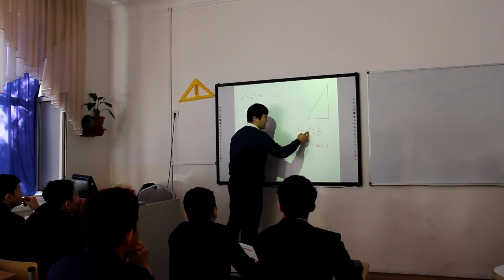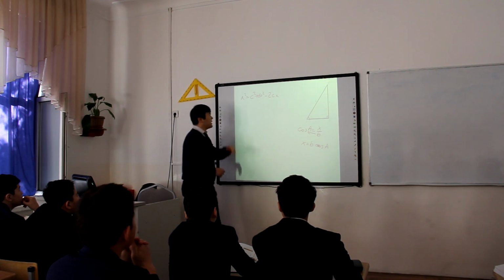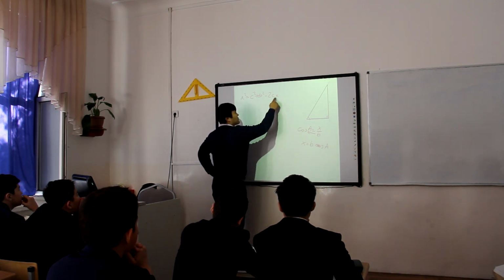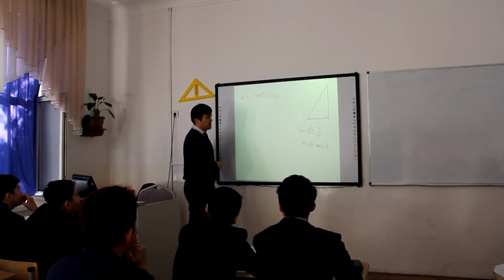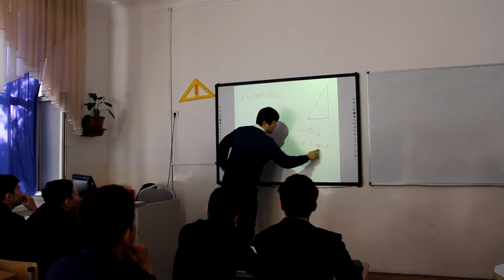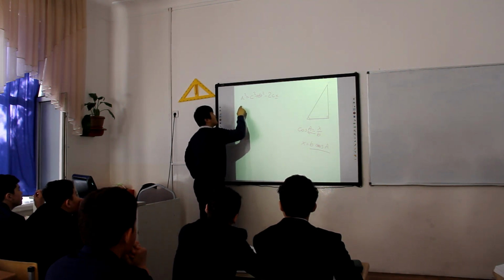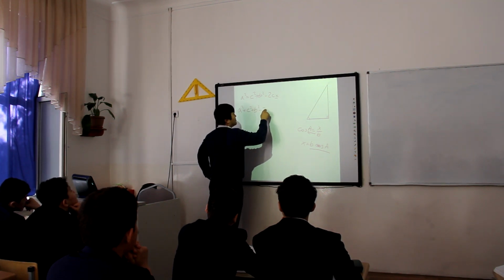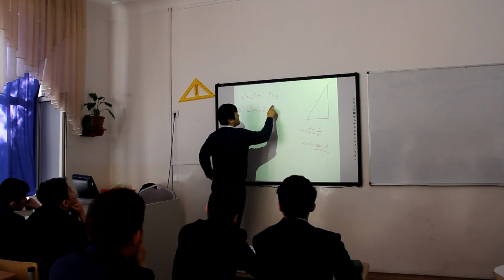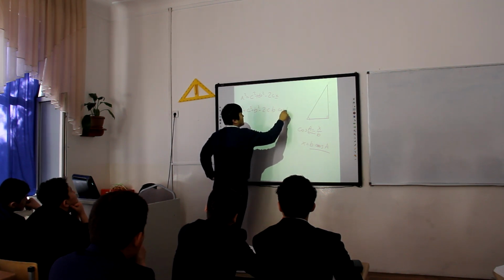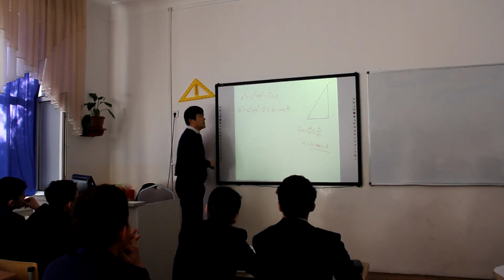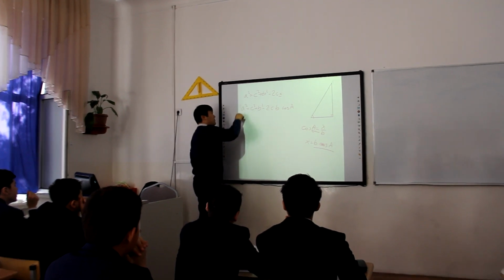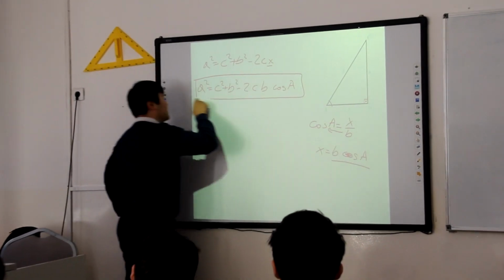Yes. Now let's replace x. So a squared is equal to c squared plus b squared minus 2 times c times b times cosine A. Now, this is our proof of the cosine theorem.